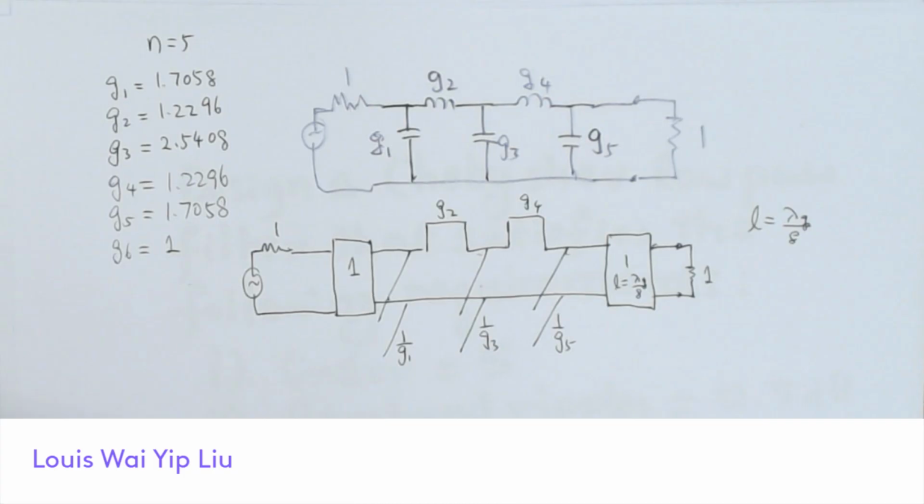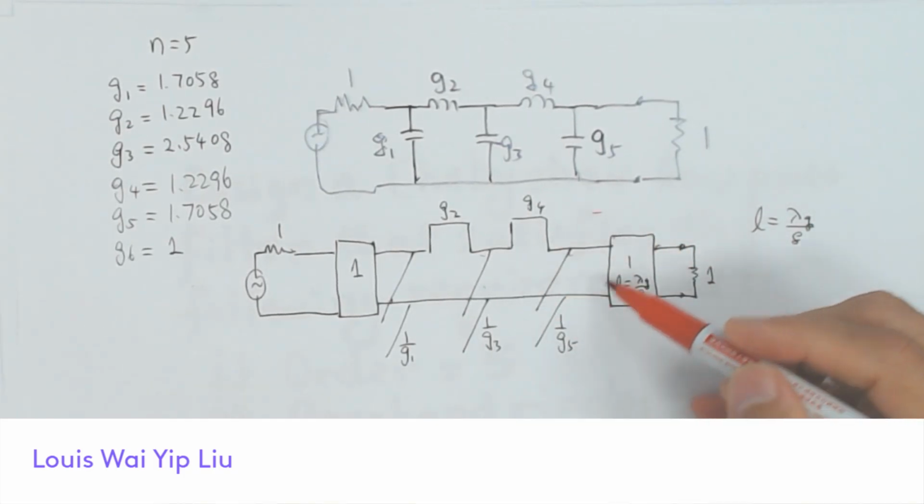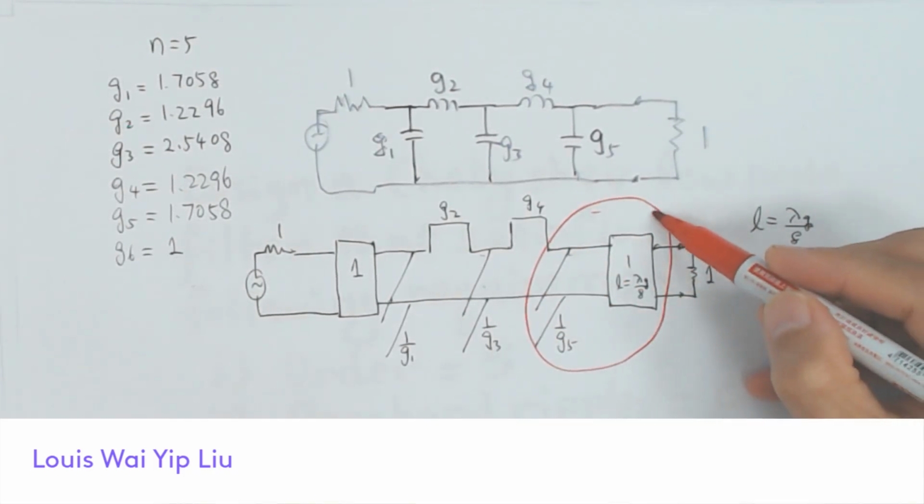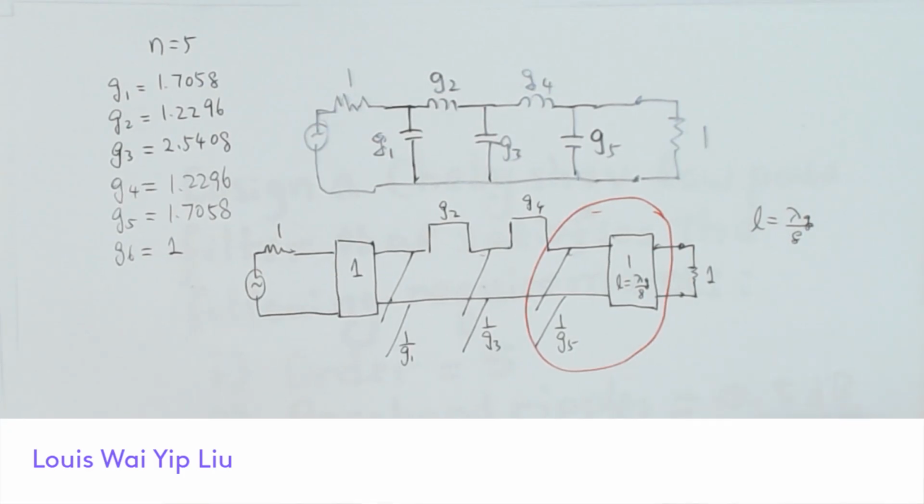We have more than 3 stages, so the methodology is slightly different. What we want to do now is we convert this using Kuroda identity number 1.